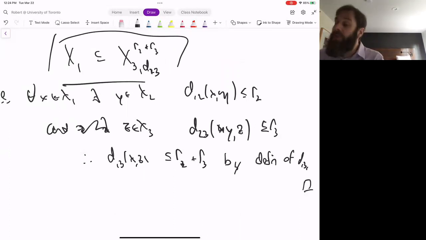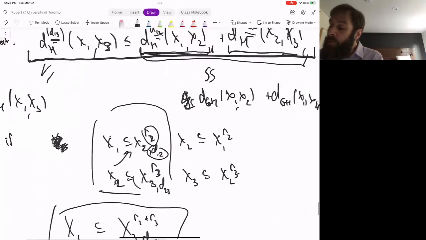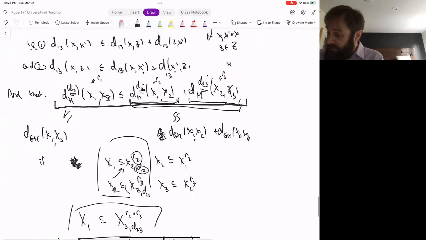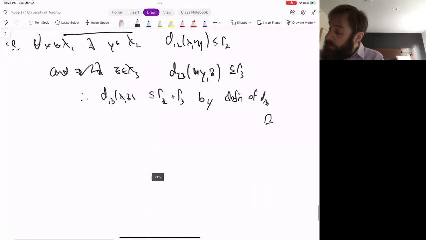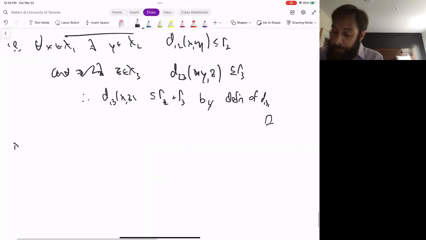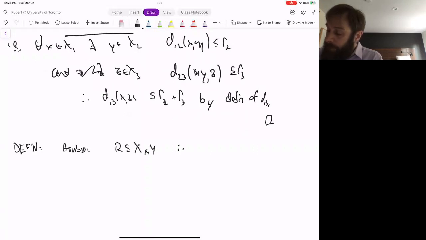There's another way of thinking about Gromov-Hausdorff distance, which is through what are called correspondences. So we say a subset R of the product space is called a correspondence. It's the simplest definition in the world.